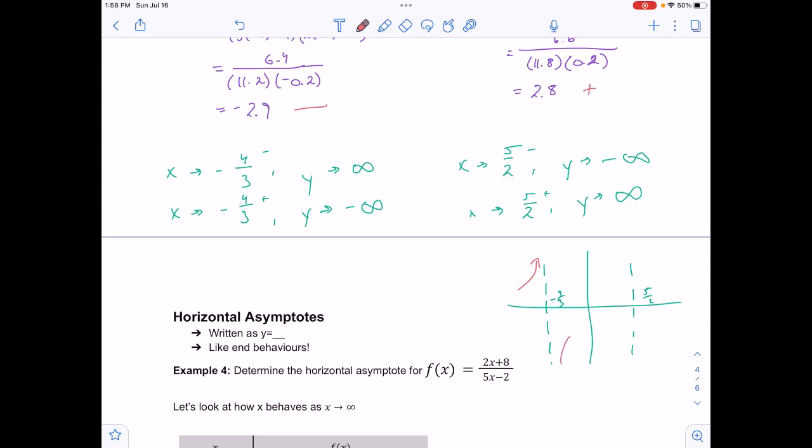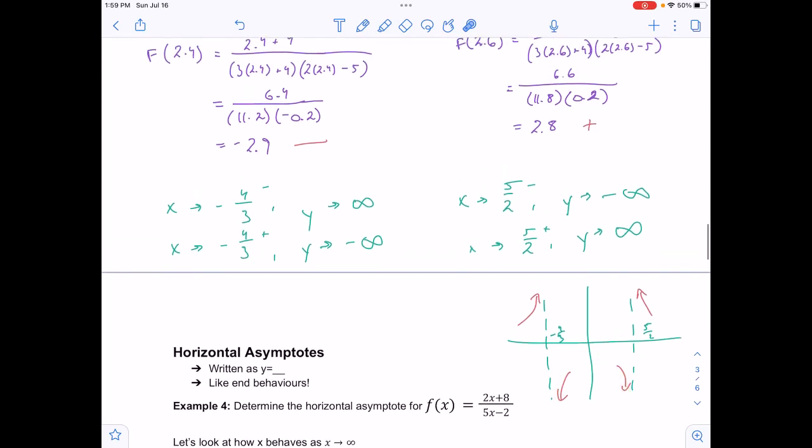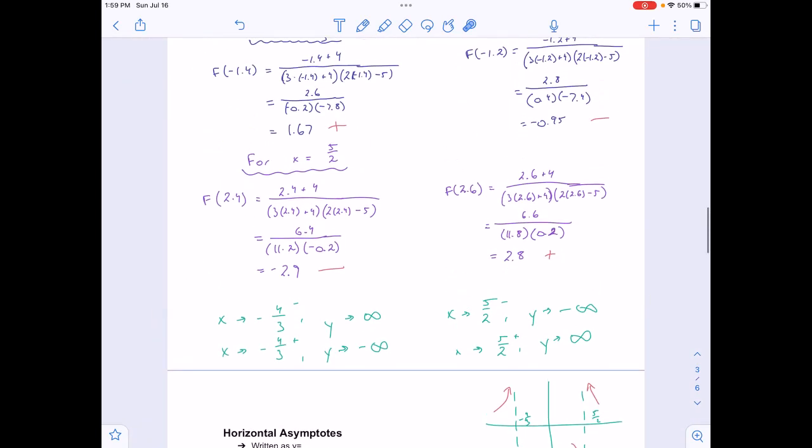From the right, we go to negative infinity. As x approaches 5/2 from the left, we go to negative infinity, and from the right, we go to positive infinity. So I think we can pretty clearly see that's the style of function we're dealing with. There might be something in the middle here, but overall it's going to be a degree 2, rebounding along the way. Okay, so that's everything you need to know about your vertical asymptotes.